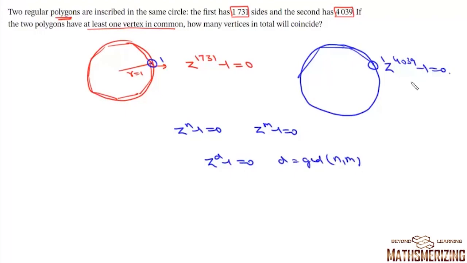So first what we'll do is we'll find GCD of 1731 and 4039. Its GCD is 577. So the total number of vertices that will be common, or the vertices in total that will coincide, is 577.